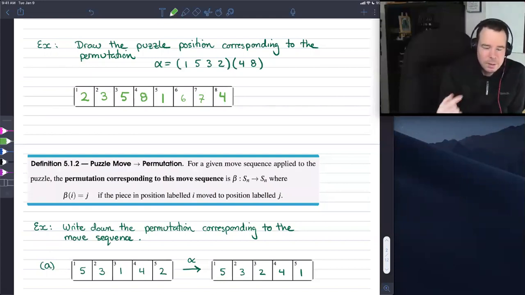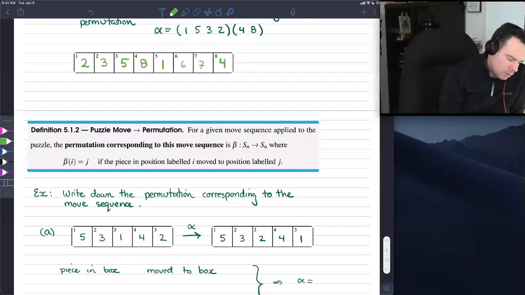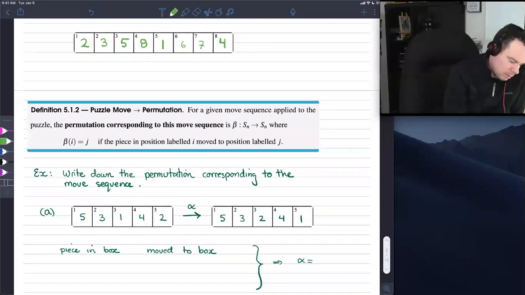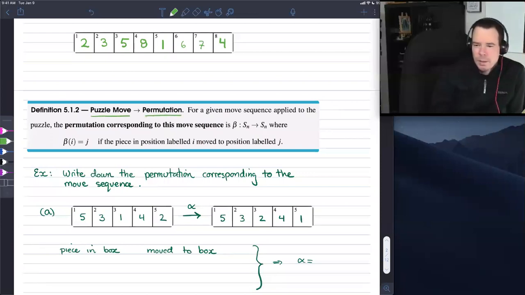Tile I goes to J. Now if I want to represent a puzzle move sequence, so a puzzle move now as a permutation, then I have to think about how did the pieces move from what box to what box. So this is where we describe the permutation as the piece in the position labeled I, or box I, has moved to the position labeled J.